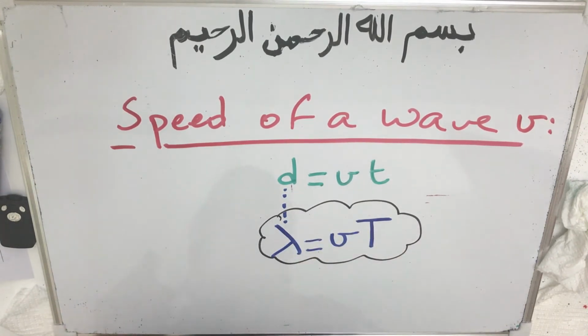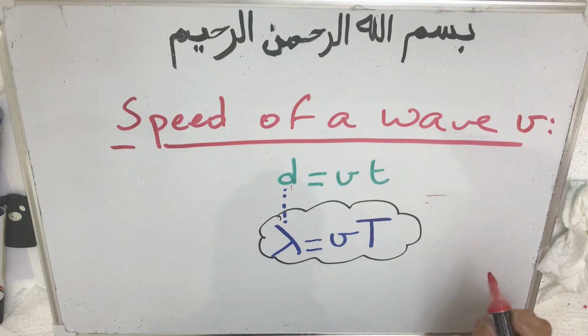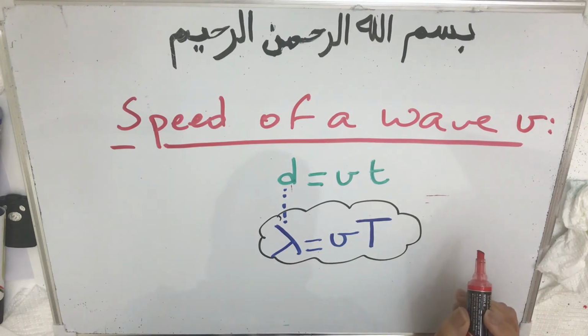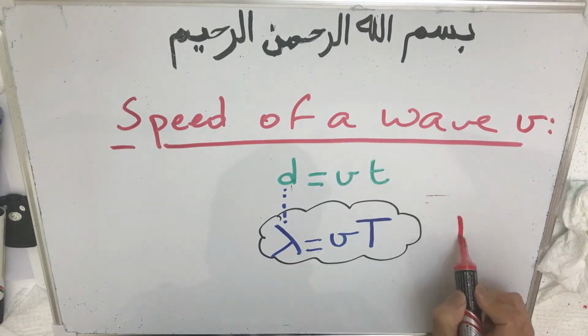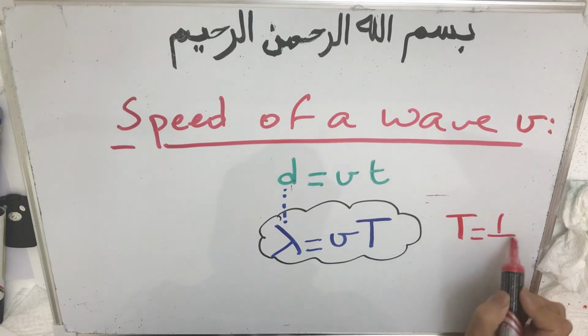And then from here, we spoke about how important is the inverse relationship between the period and F, and we know that T is 1 over the frequency.